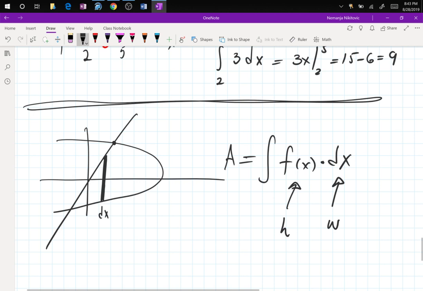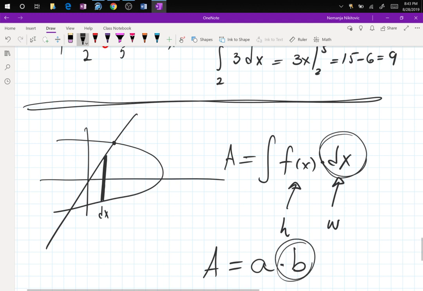All right? So this dx is not optional. Yeah, I don't have to write it. You do, because that's the width. You cannot claim that the area of the rectangle is a equals a. No, it's a times b. This dx is actually this b in the area for the rectangle. So we're not messing with that.